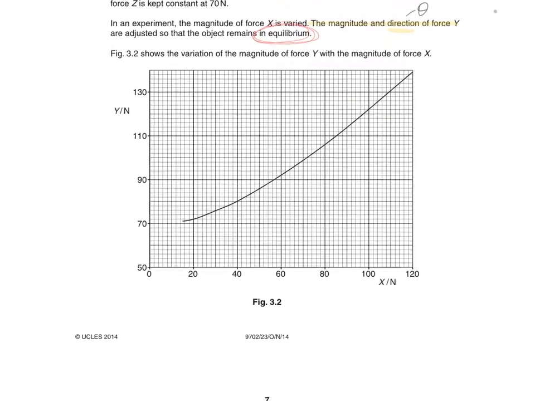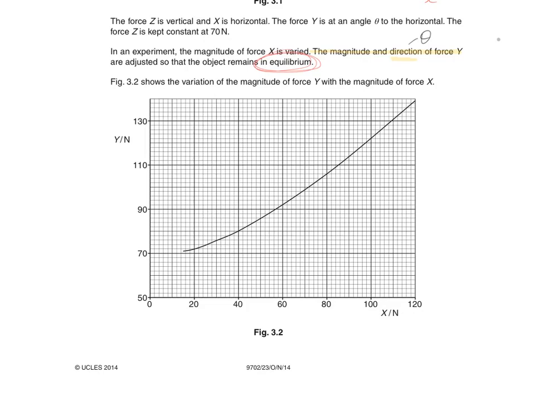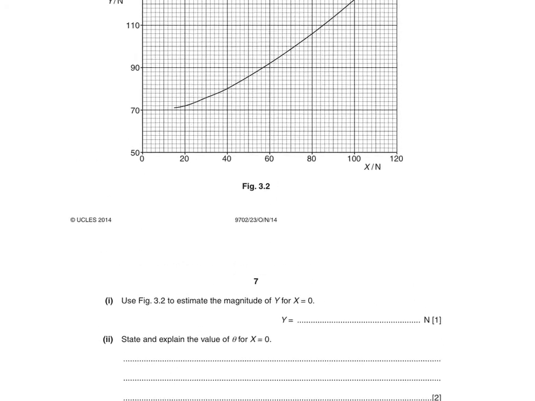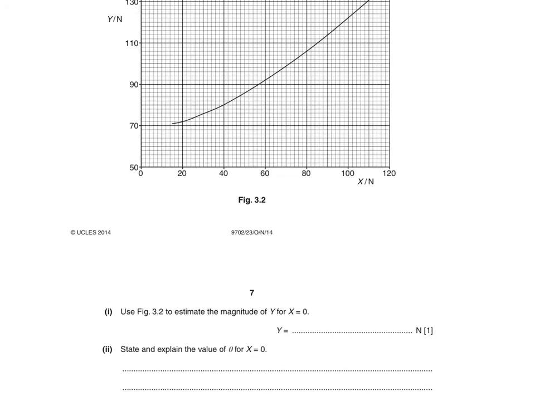We've got a nice juicy little graph here, which is showing the size of x and y and how they are related. The first question asks you to use figure 3.2 to estimate the magnitude of y for x is 0. Now, normally it would just be a joy to dot up with x is 0 and see where it intercepts, but they haven't finished the line for us. So we're just looking for what sort of pattern this is showing. Well, it's quite clear that this is beginning to tail out.